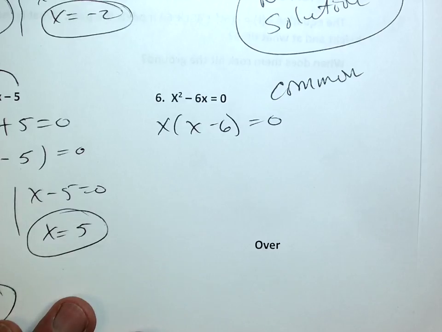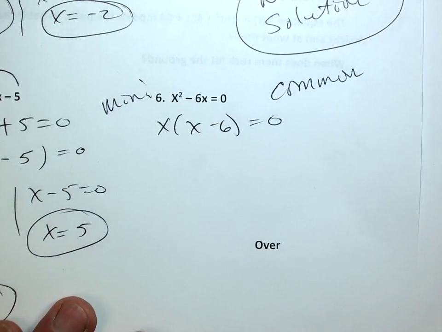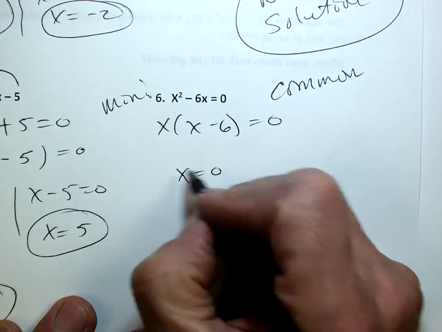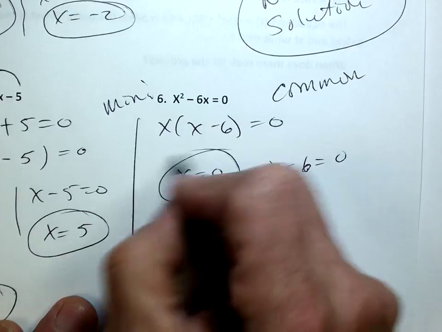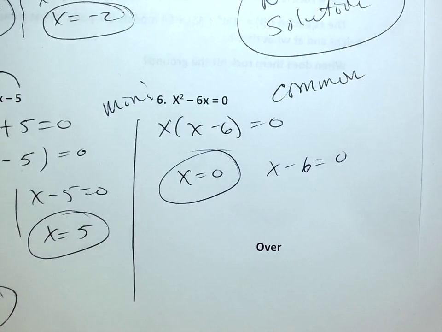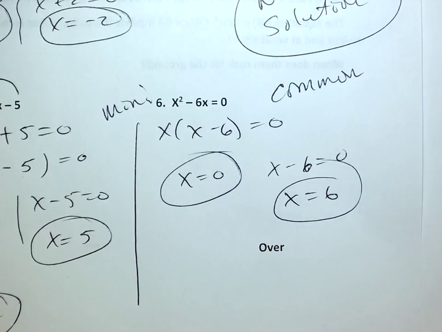And we still have two little mini equations. We have an x equals 0, and we have an x minus 6 equals 0. Well, this one's already solved, right? 0 is a number, 0 is an answer, okay? So one answer is 0, and the other one's going to be x equals 6, right?